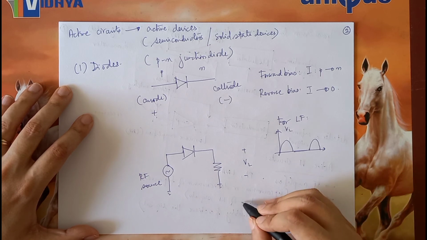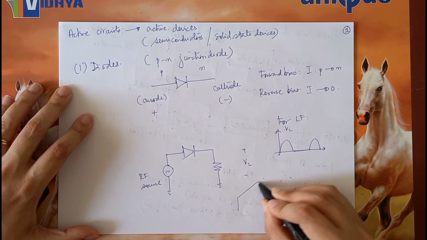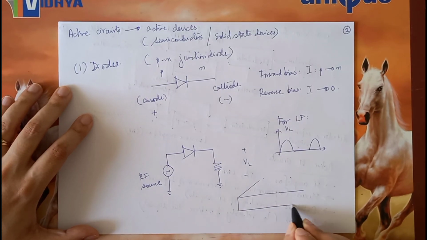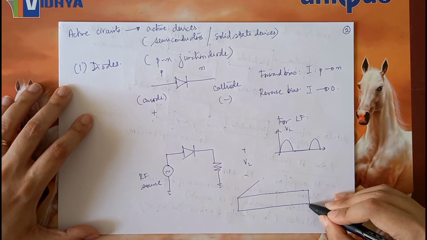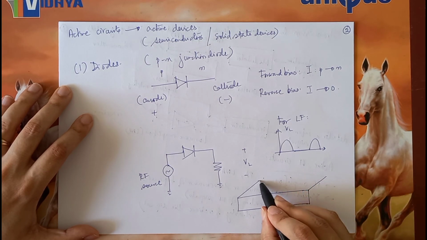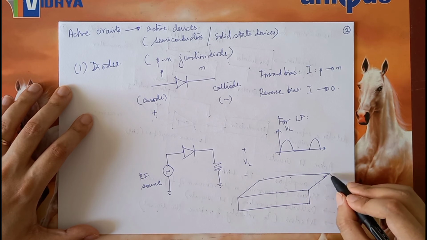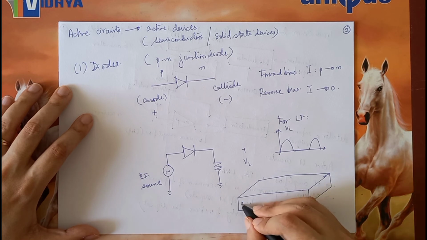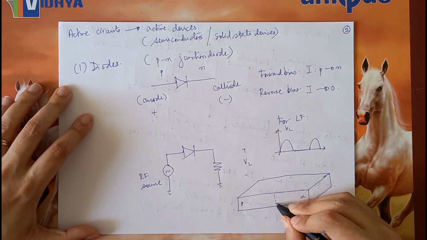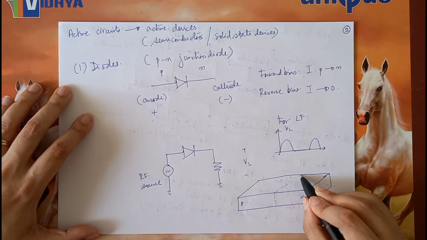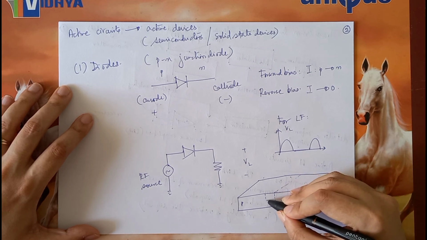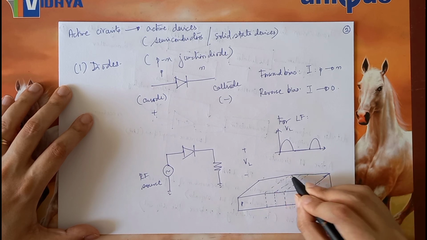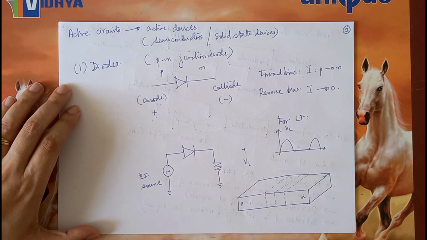So if we were to look at a 3D view of the PN diode, it might look something like this. So let us say this is the P side, this is the N side, and here is that border where the two are fused. So what happens is, in the reverse bias, there exists something called a depletion region. Not just in the reverse bias, even in a condition without any bias.